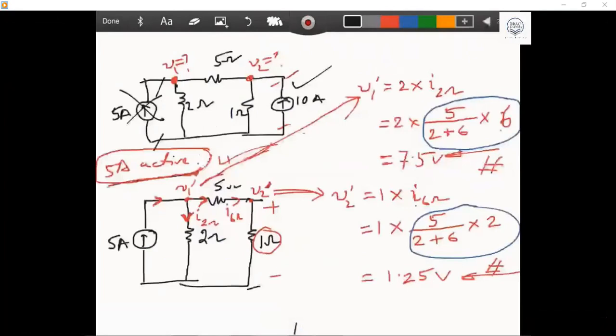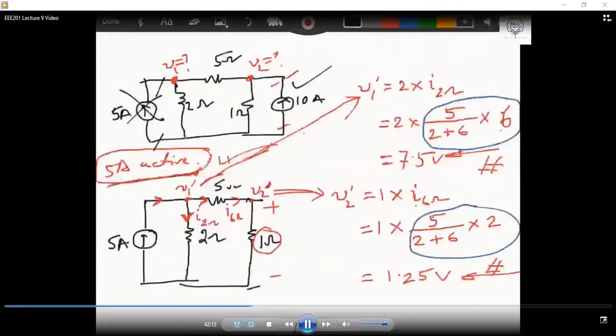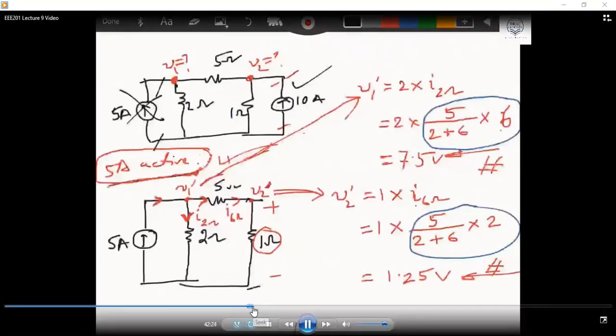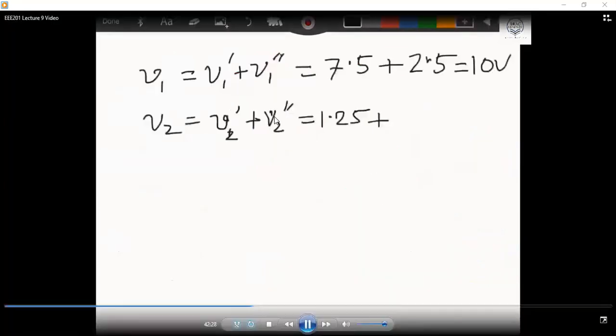So you put 8.75 here. It's a bit of an internet problem. Okay, 8.75, I'm writing here. So you add now 1.25 plus 8.75. What is that?